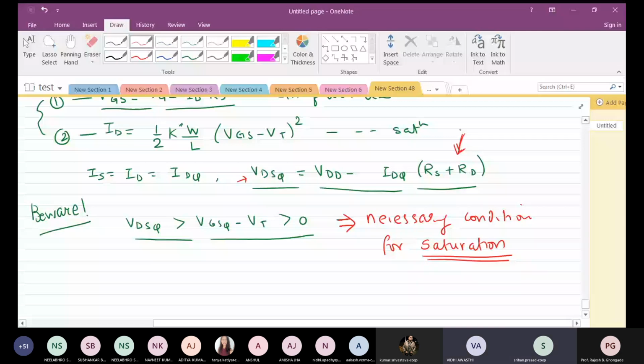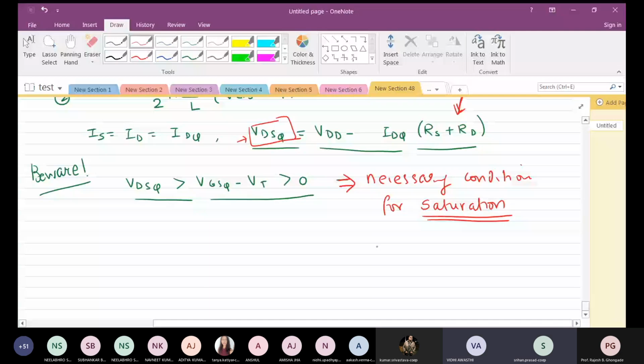So if VDSQ is small, what will happen? Where will the transistor be? Which region will it be in?